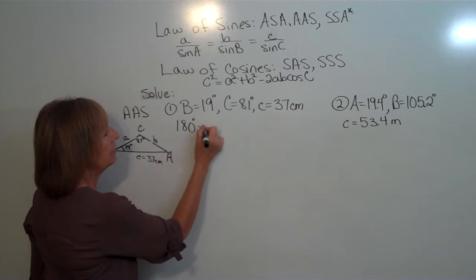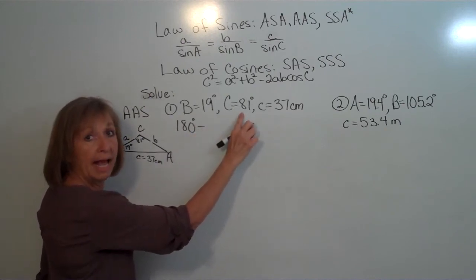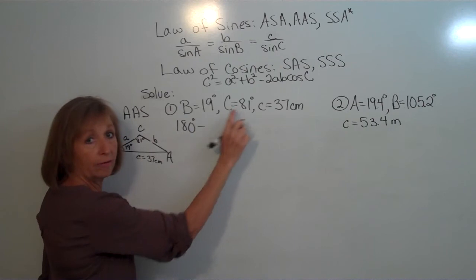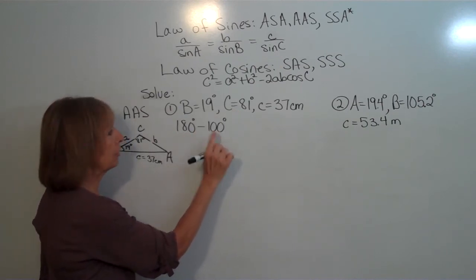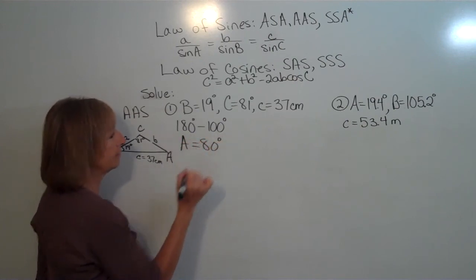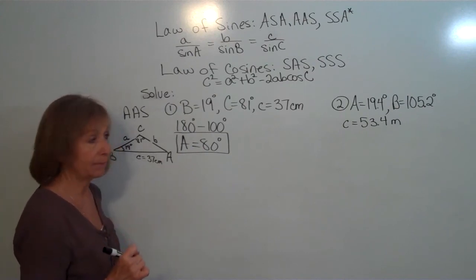So if I take 180 degrees and subtract off the total that I have in degree measurements for the two angles that I already know, that's going to give me a degree measurement here of 100 total. So 180 degrees subtract 100 degrees is 80 degrees for my angle A. So that's one of the pieces of information that I need.